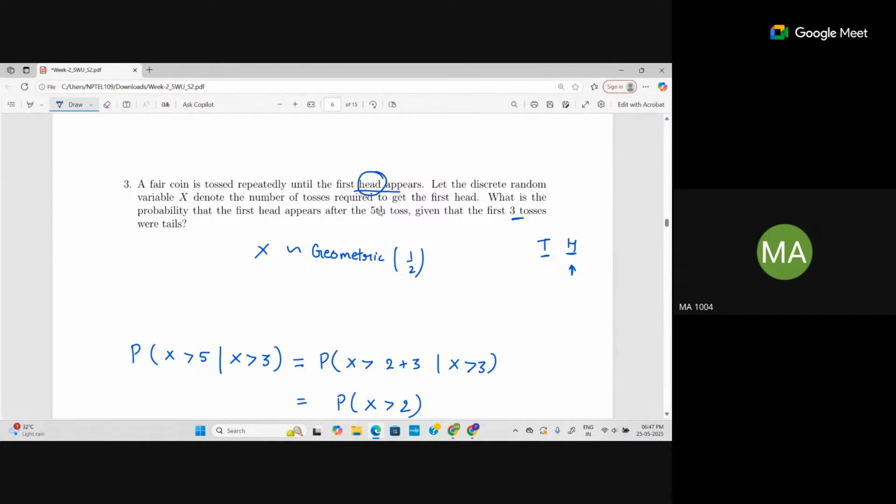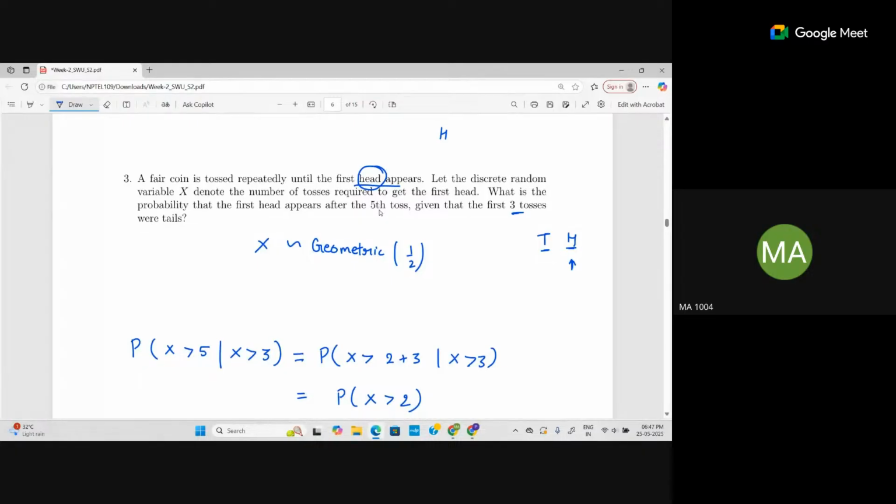Here we are considering that if we get head, then it is a success for us. So in the first 3 tosses we are getting tail, which means we are getting failure. If you are getting head in the first toss, then the question will not be like this, because we have already received our success. Then the question will be different. Yeah, got it. Thanks.